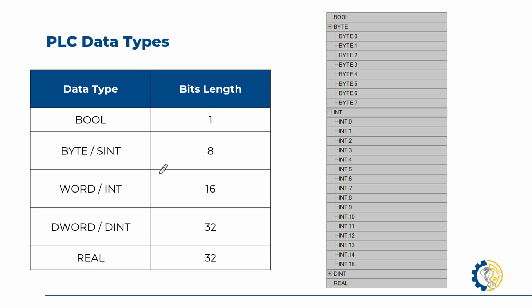So a double integer, as its name states, it's a double integer. So if one integer has 16 bits, double is 32 bits. So this is the plus sign. And if we open all of this, then it's going to be 32 Boolean data types.